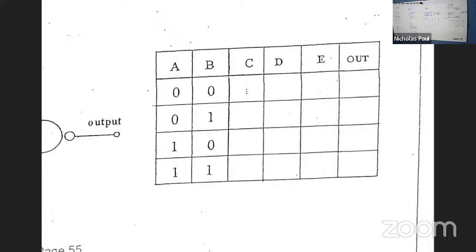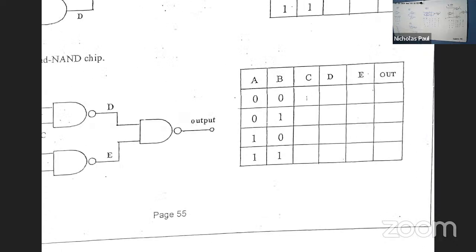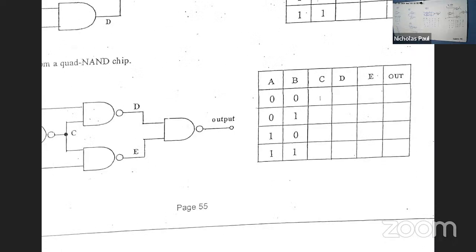Let's check out C. Right, C is what? C is some NAND, so that'll be 1, 1, 0. Okay? D is looking at E and C. 1, 1, 0, 1.